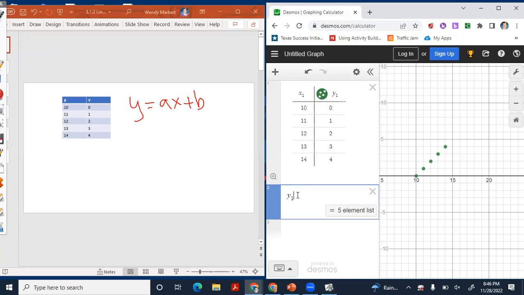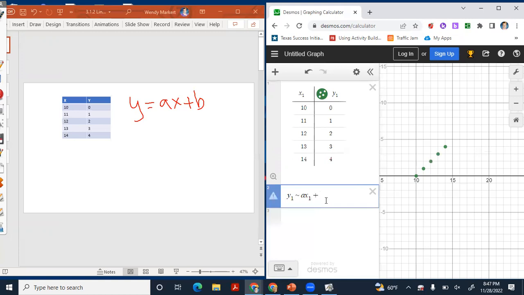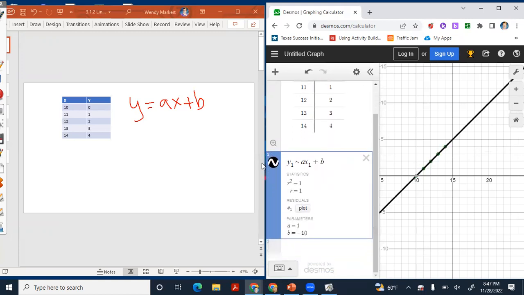Instead of the equal, I'm going to type a tilde. And I'm going to hit the shift key and then the key that's to the left of the 1 button. That's a tilde. Then a x1, and it creates a subscript again, plus b.